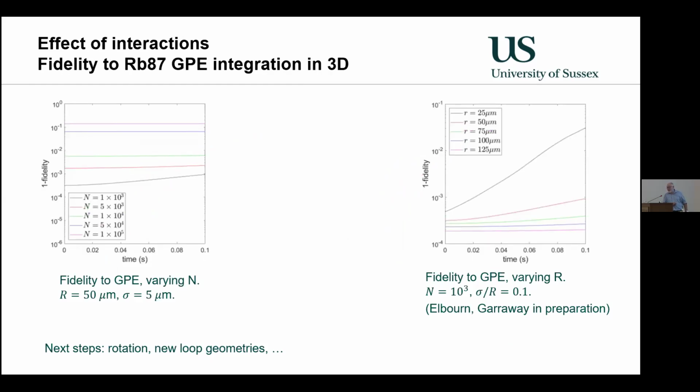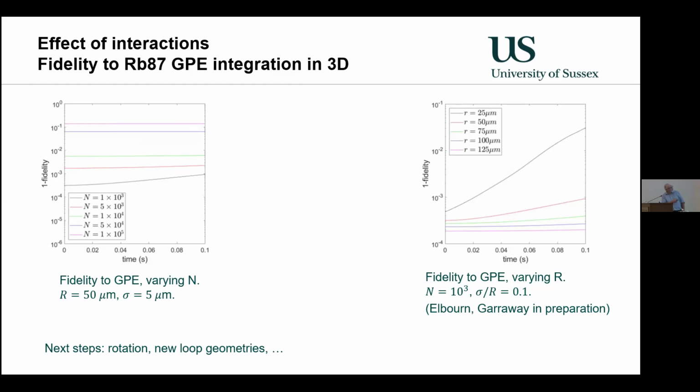Introduce interactions and that degrades a bit. So here we've introduced different numbers of interactions. We look at 1 minus fidelity, so infidelity, as a function of time. And we see that if we have small numbers of atoms, for example, the lowest black curve here is at 10 to the 3 atoms, then it's perhaps a tolerable infidelity, but it gets worse and worse as the interactions increase.